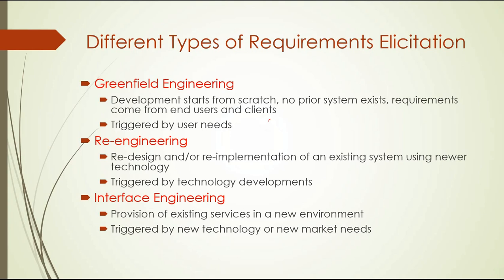You start your requirement from scratch, just based on the user only, because there is no existing system. The second one is re-engineering. Here you have an existing system, and that's why they say redesign, re-implement.